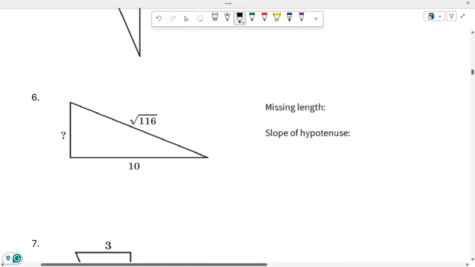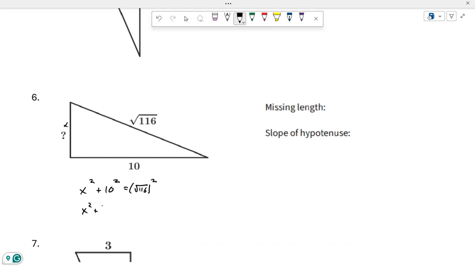Question 6, this time I'll go with x again. It's a different problem, so again, we want to solve for x. The Pythagorean theorem says that the sum of the squares of the legs of a right triangle is equal to the square of the hypotenuse.